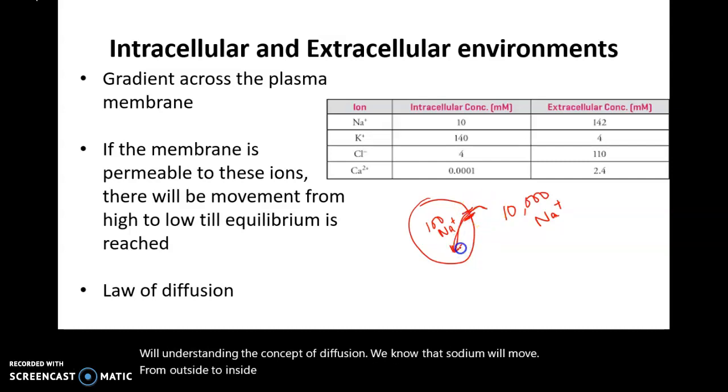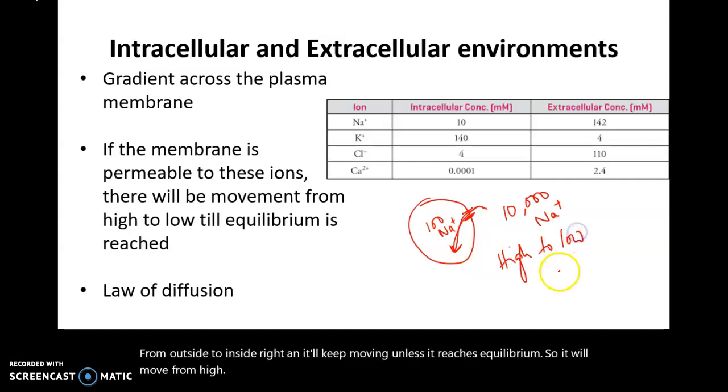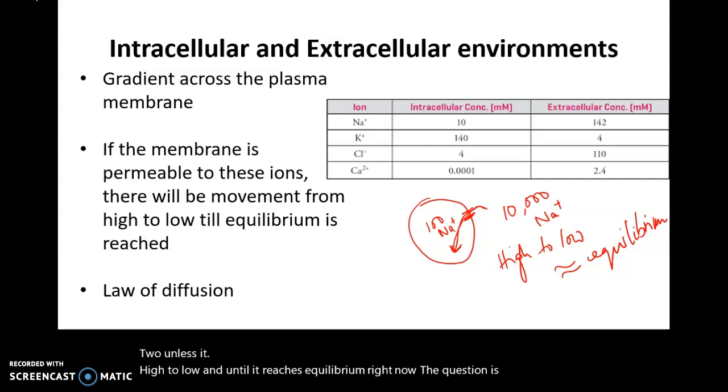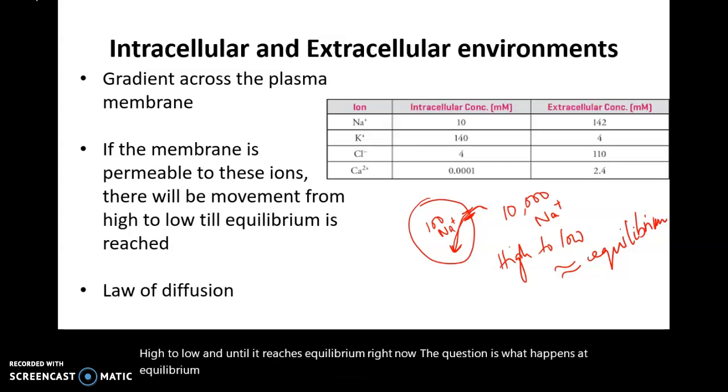And it'll keep moving from high to low until it reaches equilibrium, right? Now the question is, what happens at equilibrium? Will there be still movement of ions when it's at equilibrium?